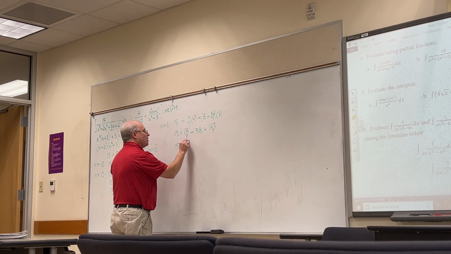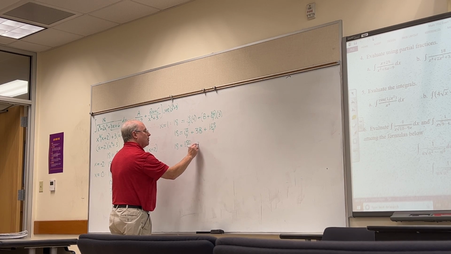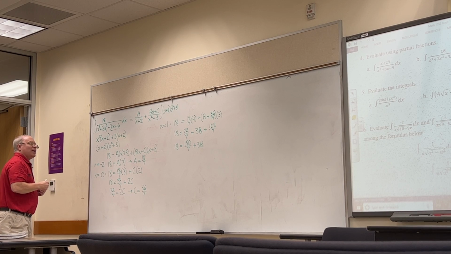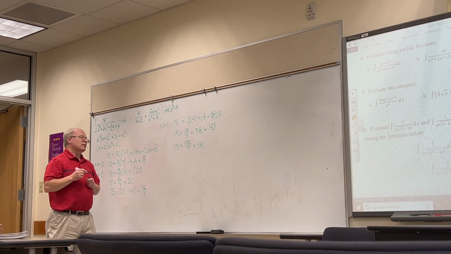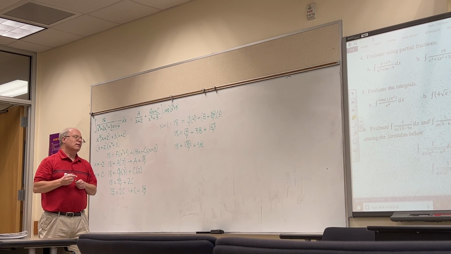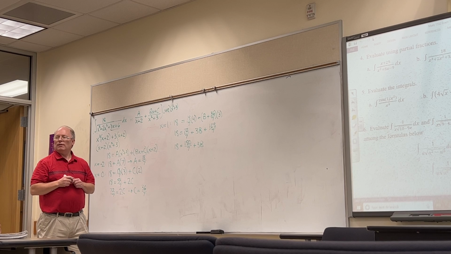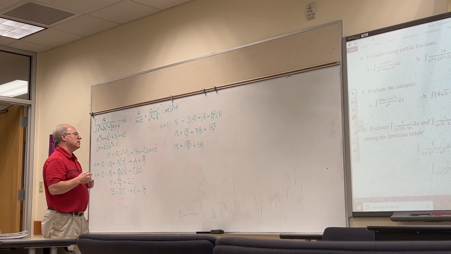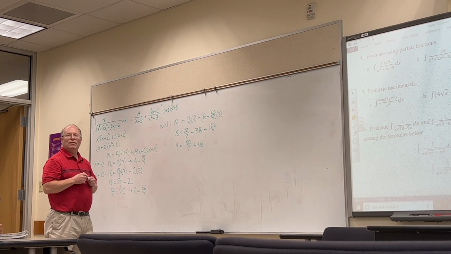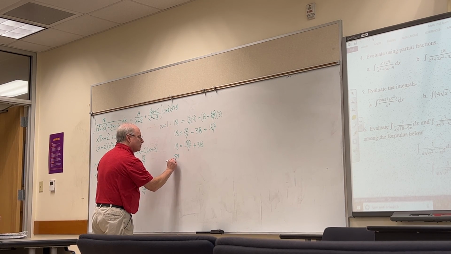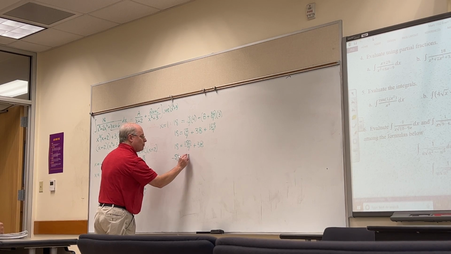That's 180 over 7. Now if we subtract 180/7 from 18, what do we get? So negative 54/7. So that equals 3b.